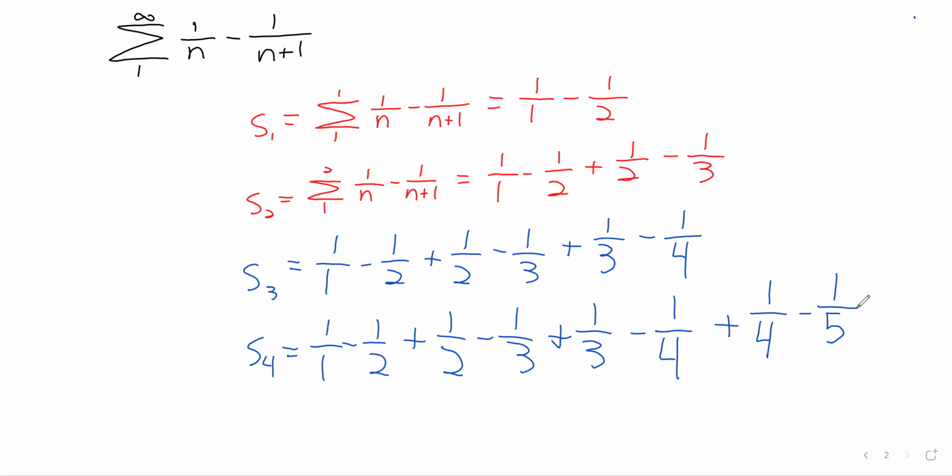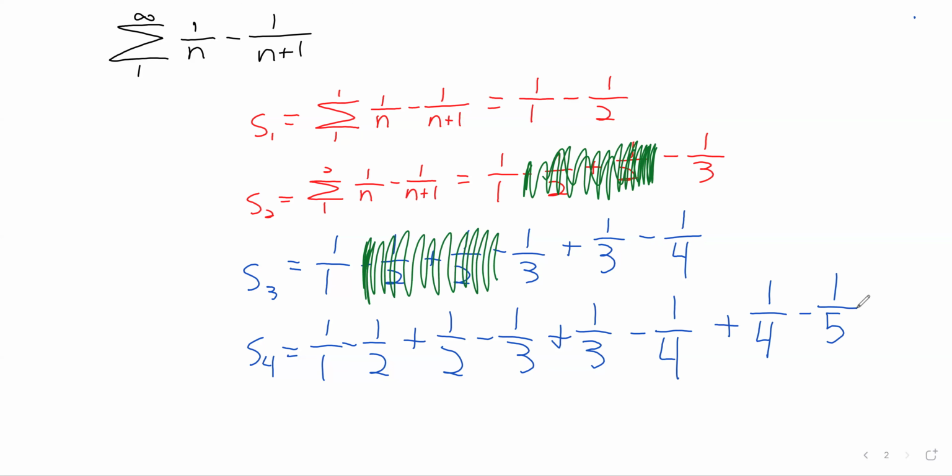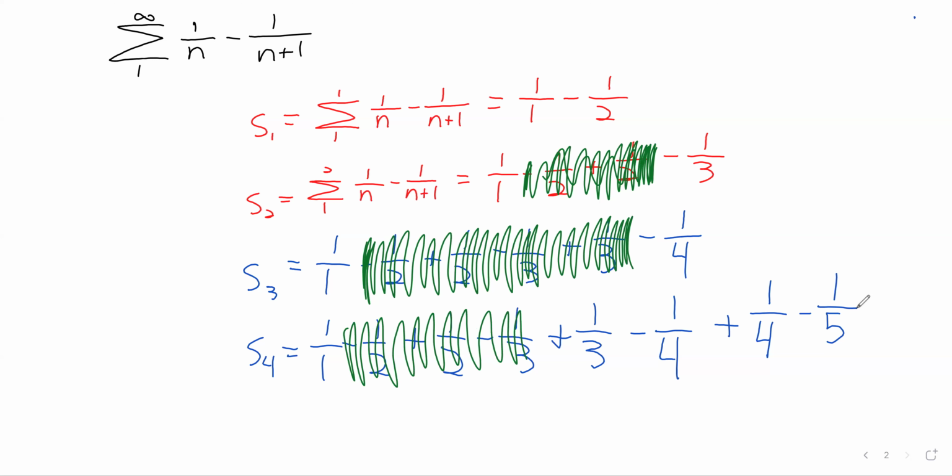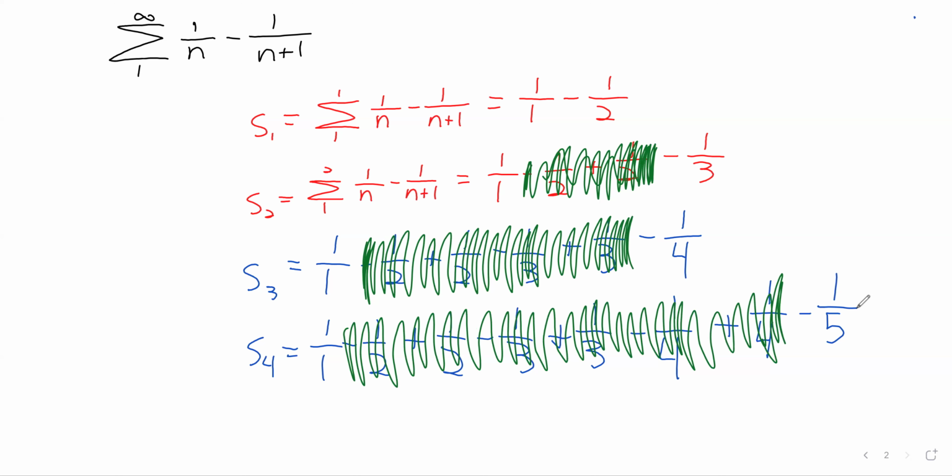If we now pause and take stock of these partial sums, all of them have significant cancellation. -1/2 plus 1/2. -1/2 plus 1/2, -1/3 plus 1/3. -1/2 plus 1/2, -1/3 plus 1/3, negative and positive 1/4.